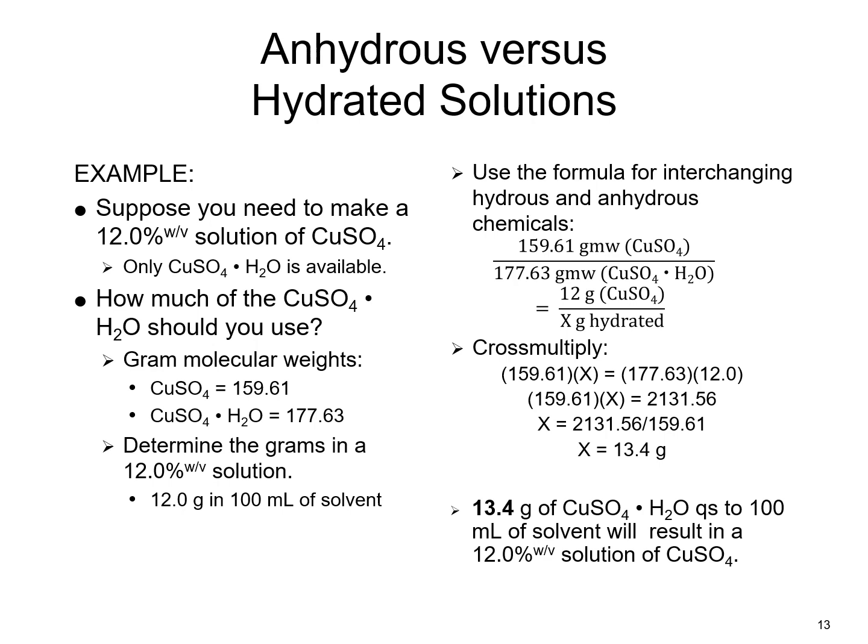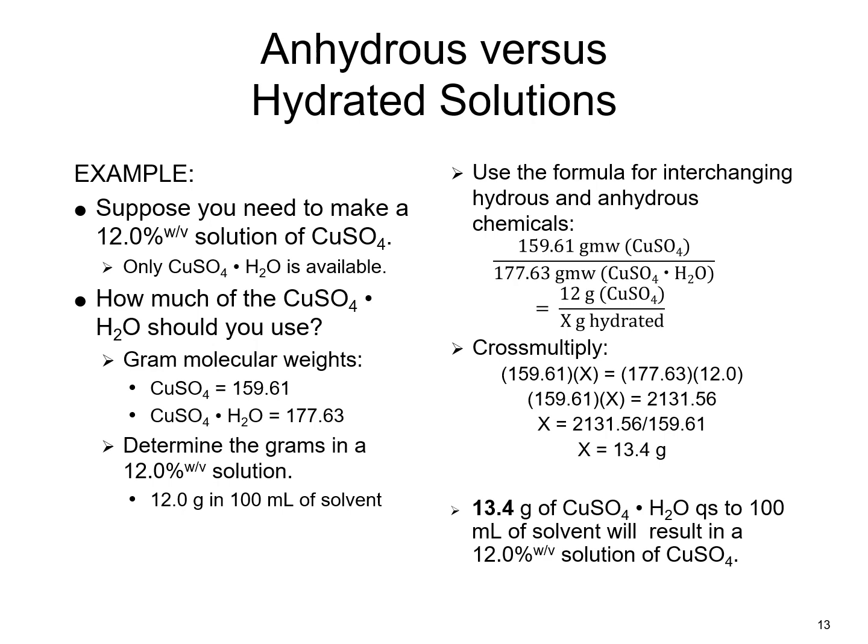From there, we use our formula for interchanging the hydrous and anhydrous chemicals and plug in all of those values. So we plug in our known molecular weights, and we're trying to figure out exactly how much of that copper sulfate we need. So we plug in what we'd expect from 12 grams of copper sulfate in a 100 ml solution.